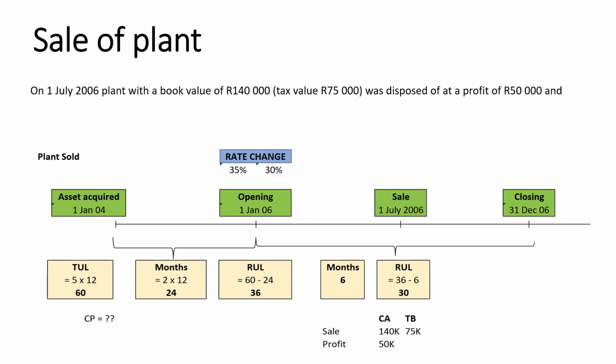So for the plant that you're selling, you need to disaggregate it from the main body of information. You've had this plant at the beginning of the year, your remaining useful life was 36 months, and in the middle of the year, exactly halfway during the year, when the remaining useful life of the plant was 30 months, you decided to sell it. Okay, so this is your information for the plant that you are selling.